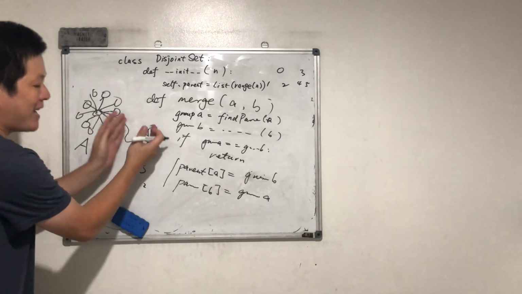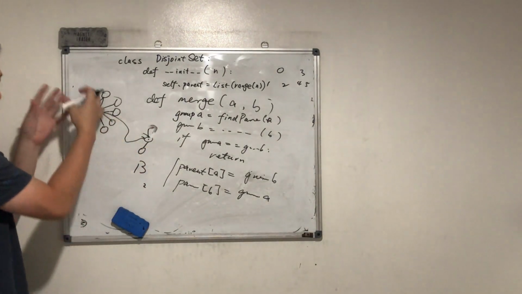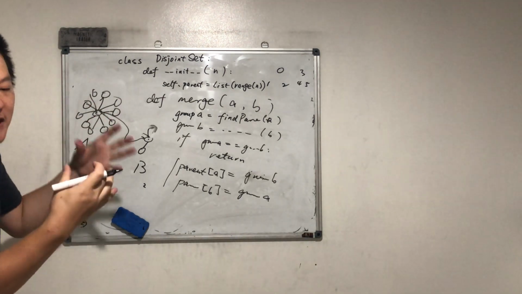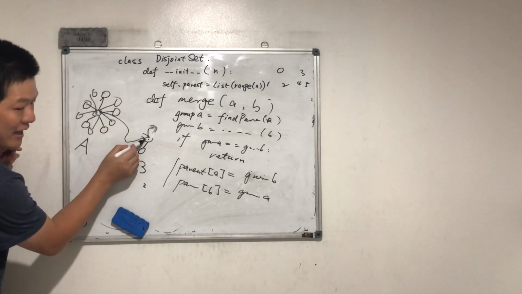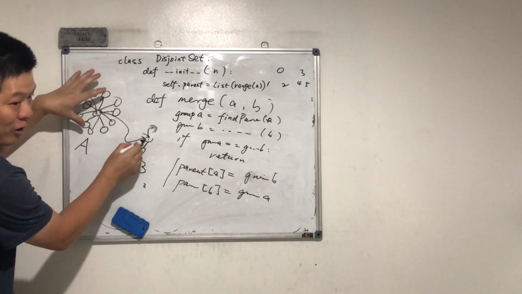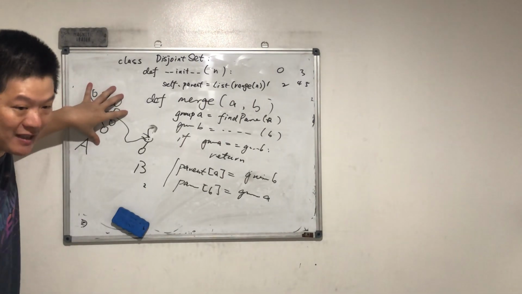We want to merge the group of smaller size to the bigger one, because in this case we are not increasing the overall path. If we move these to here, what happens to all these paths? They will be one more, right? Because I have a minion nodes and it affects a minion paths.